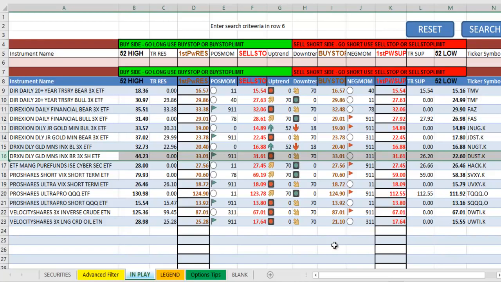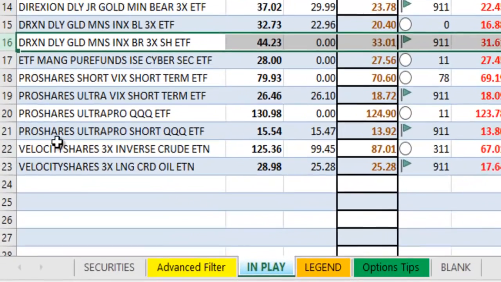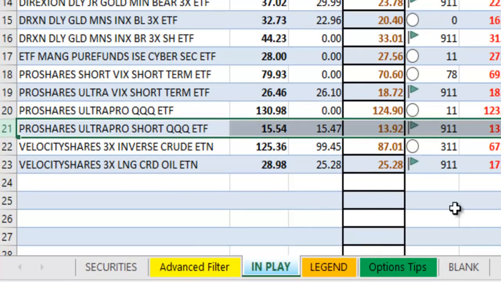What did DUST do today? 35.54 is the high. Again, showing you the power of the alerts, but also showing you mainly the power of the pulse waves themselves. An alert is nothing without telling you how to enter the trade or how to manage the trade. Again, showing you the power of the pulse wave.